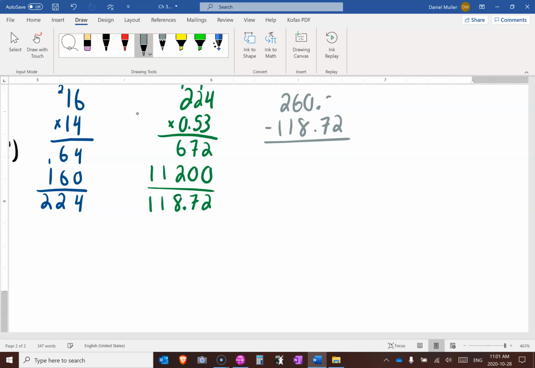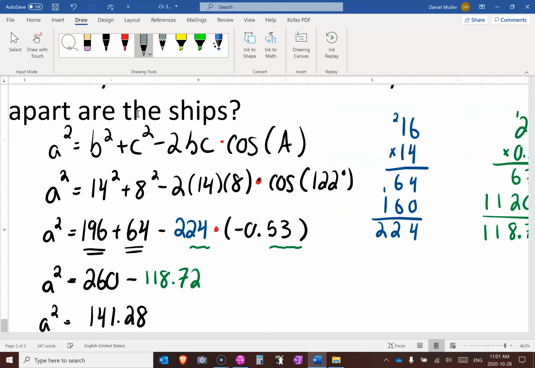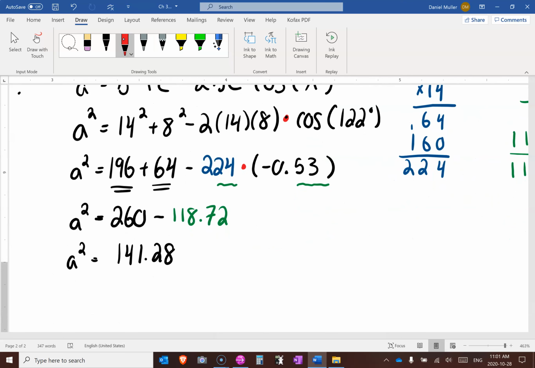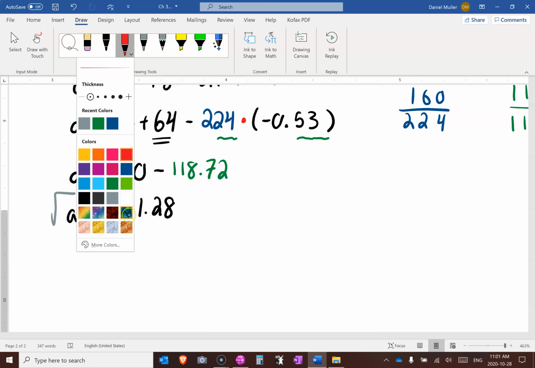This doesn't have a decimal, so I'll go .00. So I'll take from that, make it a 5, make this a 10, make that a 9, and make this a 10. So 10 minus 2 is 8, point, 2, 1, 4, 1. 141.28. Is that what I said? Hey, nice. And I've got to get A alone, so I will square root both sides.